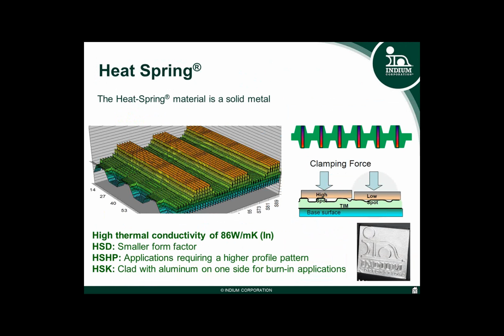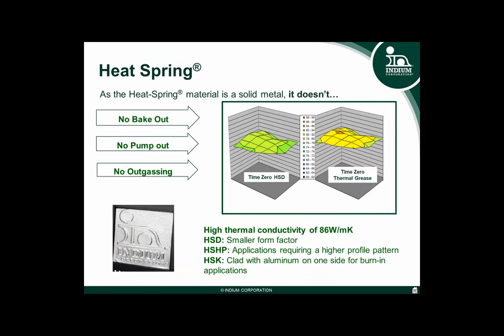It's this ability to be malleable and impressionable that, when you clamp it between two surfaces that need to be joined and a high thermal transfer needs to be given between them, the peaks would flatten where there's close contact. This just increases the surface area of contact, which gets you a better thermal conductivity.